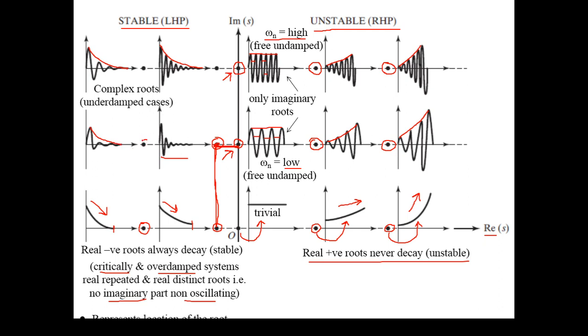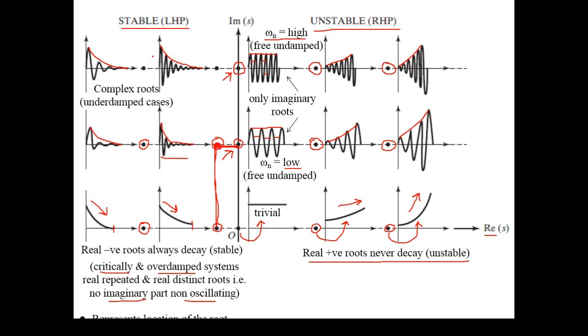So this root has a higher negative real part, and therefore it is coming to zero faster compared to this one, because this has a root with a lower value of negative real part.